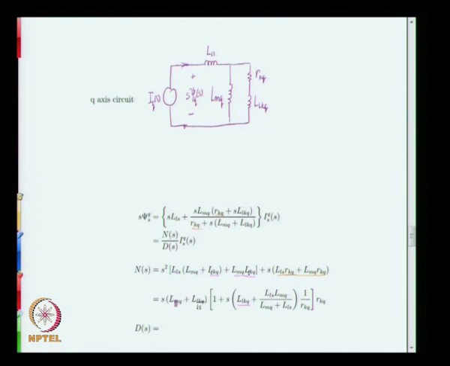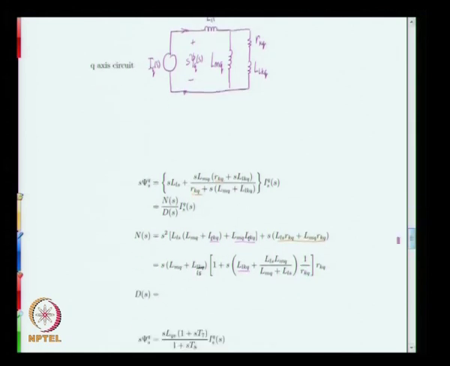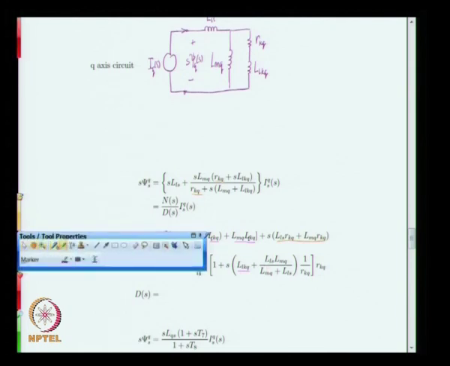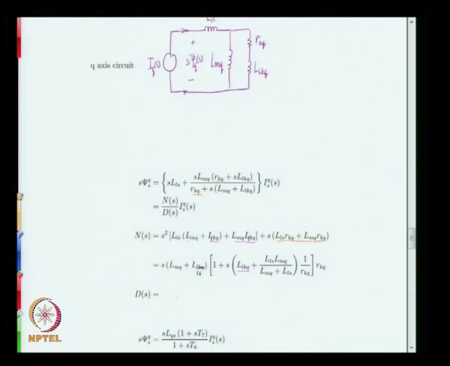Since we are taking LMQ plus LLS outside, this gets divided by LMQ plus LLS, and since we are taking RKQ common, you have to now divide by RKQ here as well, and therefore, the numerator is simplified into this form. As far as the denominator is concerned, it is fairly straightforward.